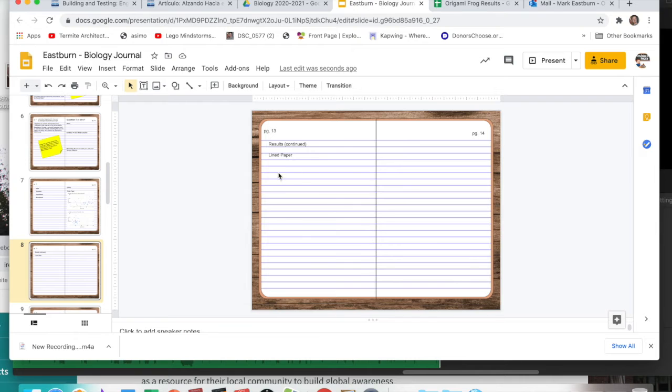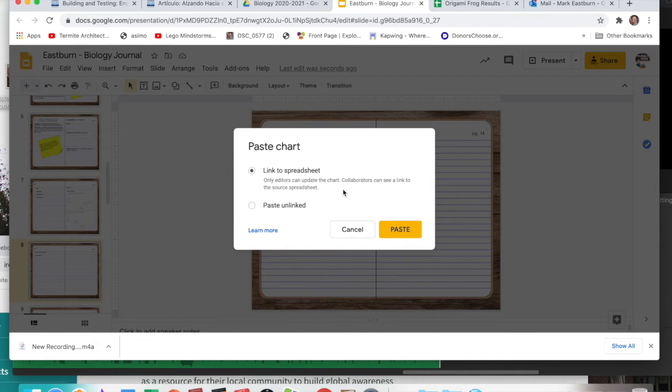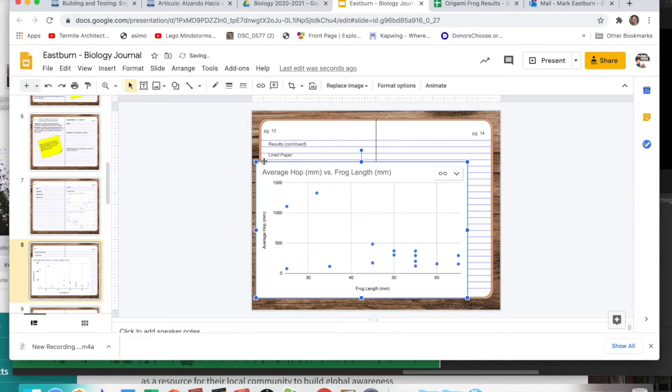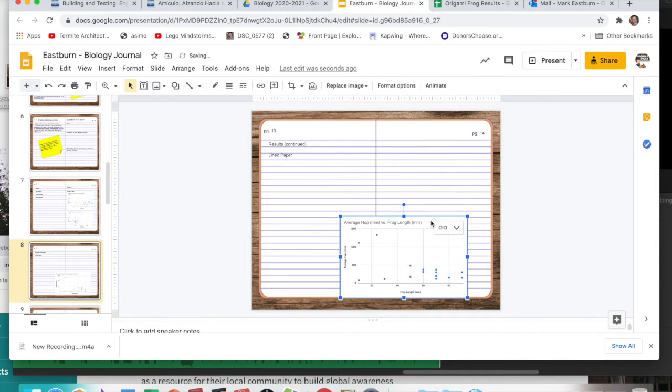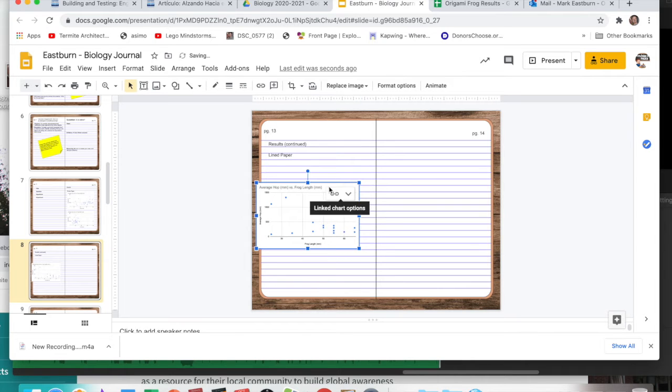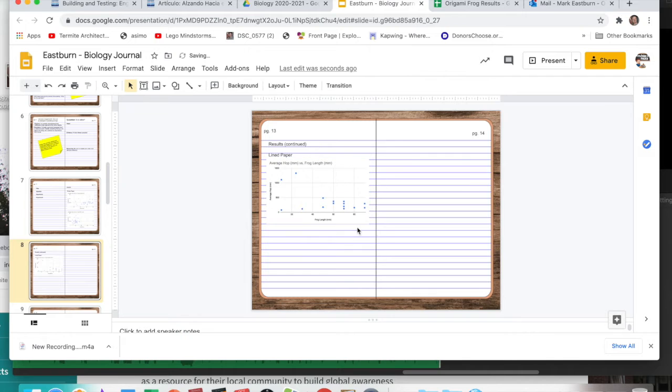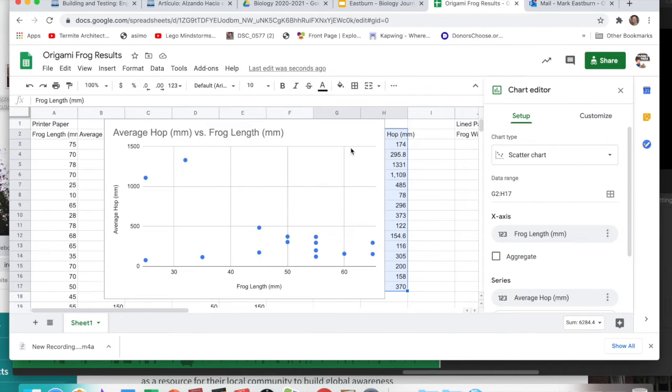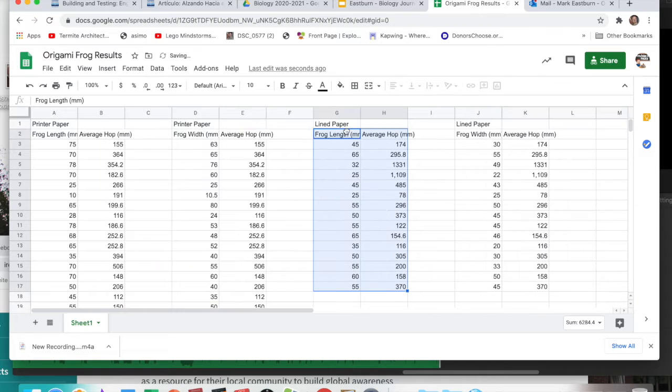So now we copy this, and I'll paste this where it needs to go. All right, that looks about right. That gives me enough space below in order to put my last chart of lined paper.